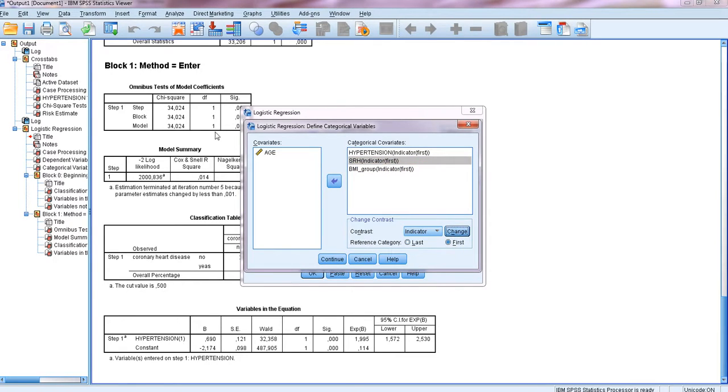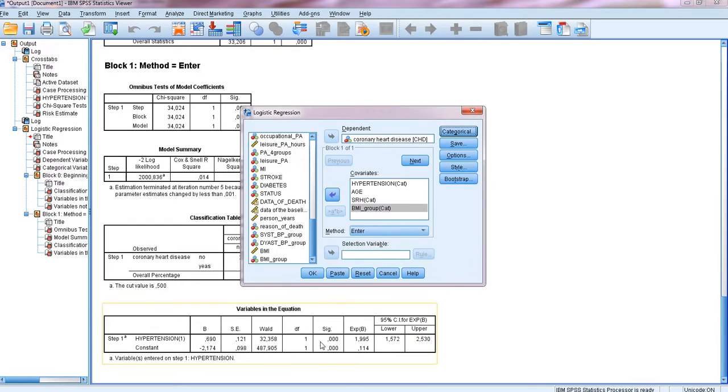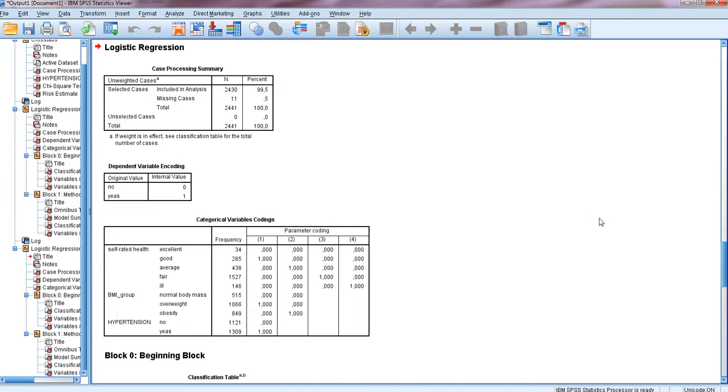Before analyzing, before making any comment, you should check what is coded in what group. And you can't put here any continuous variable, because the program will try to compare every year with the reference group, so we will get a very large, long, and non-informative table. So do not put here anything that is non-categorized. Continue and OK.